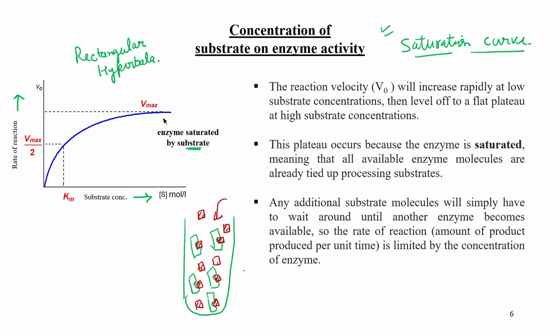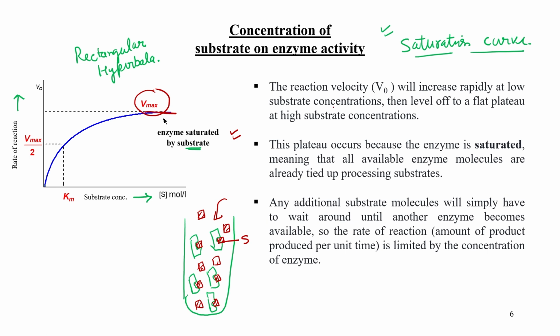Then, after some specific time, when all the enzyme is already engaged or busy binding substrate, if we continuously increase the substrate, the reaction will not increase its rate. Why? Because the enzyme gets saturated by the substrate. At this point we can say the reaction velocity is at its maximum.